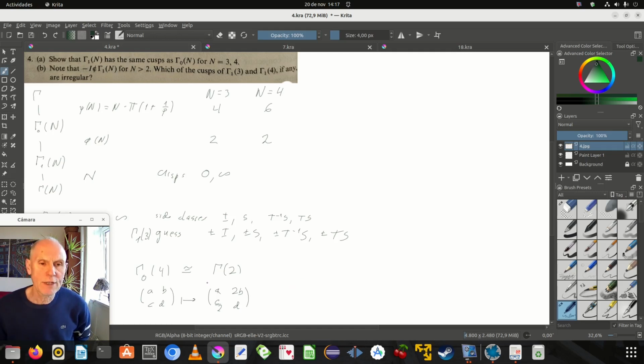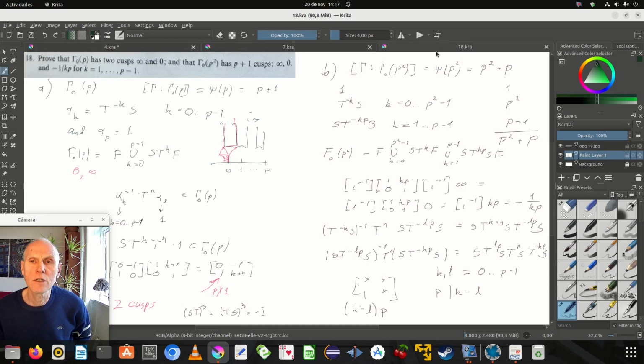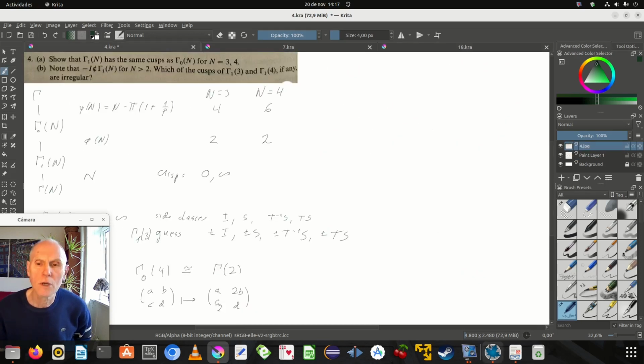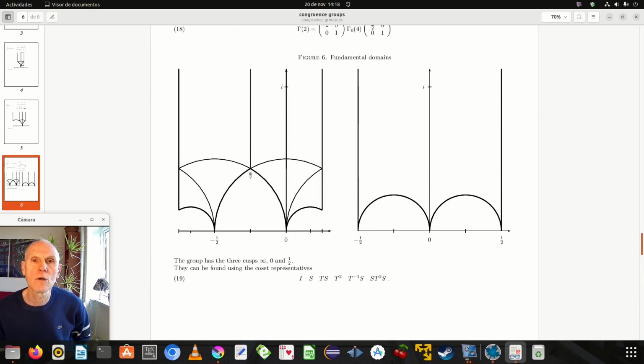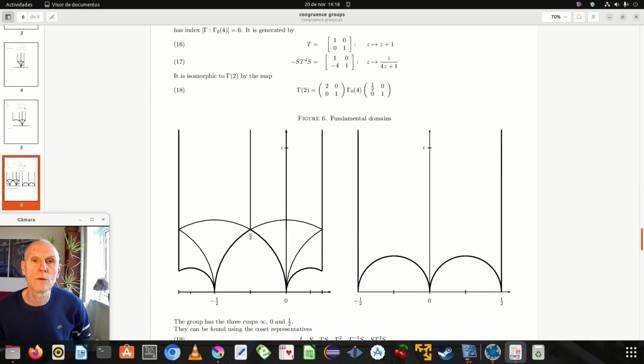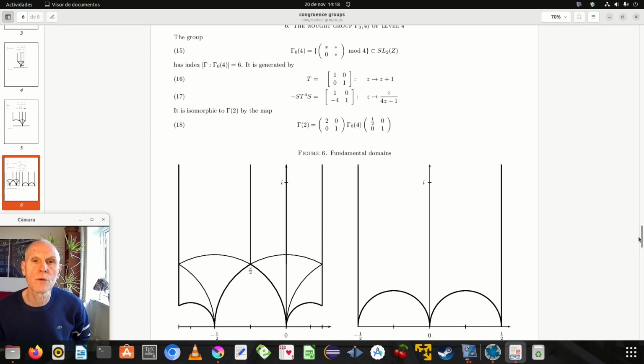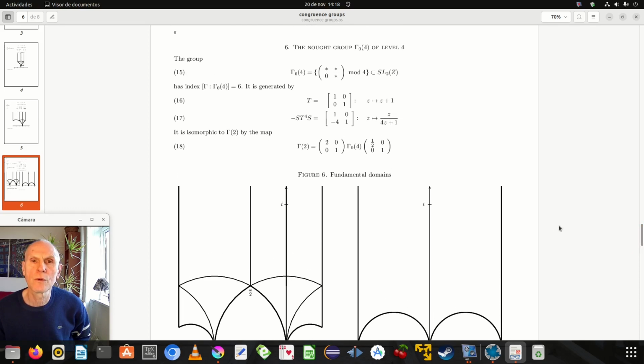We did have this in some problem. I think I found it, by the way. Was it 18? No. Oh, it's in here. Here we have the isomorphism.